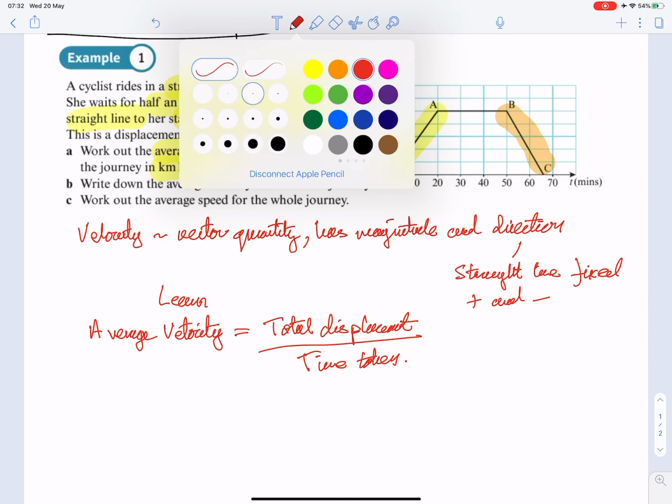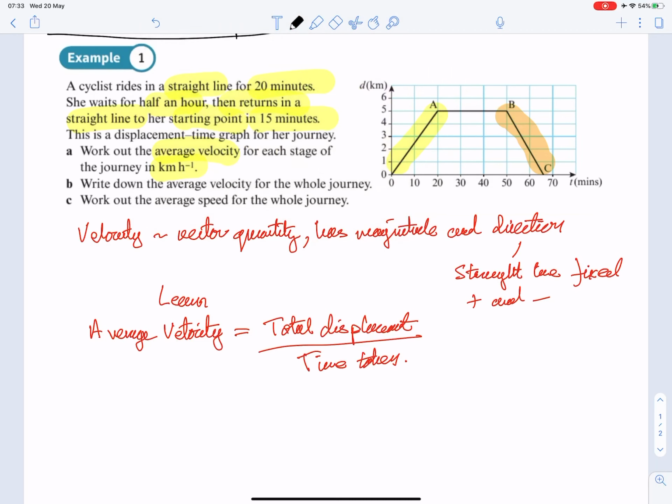So for part A, average velocity is equal to the total displacement.